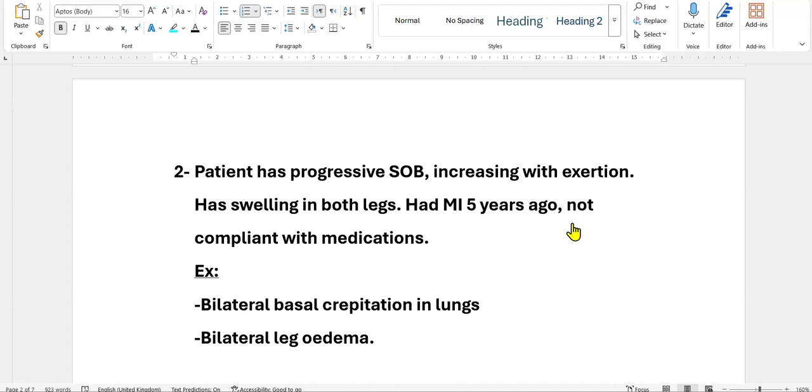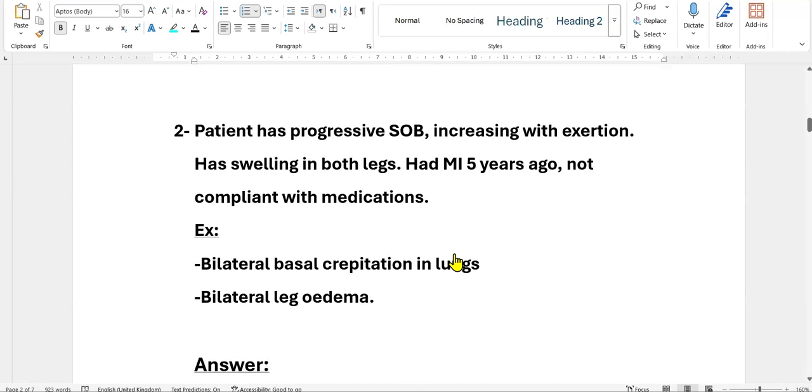So you can explain more why there is shortness of breath and why there is leg edema. Okay, you can add that. What else? The prognosis. What is the prognosis? Well, it is a chronic condition, but it can be controlled, right? So you did explain that.